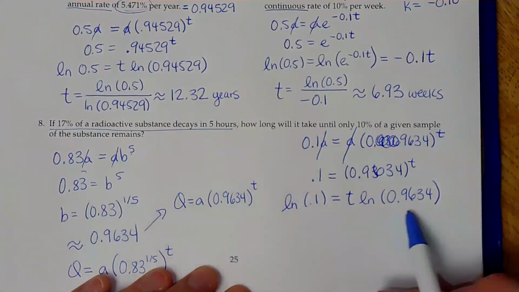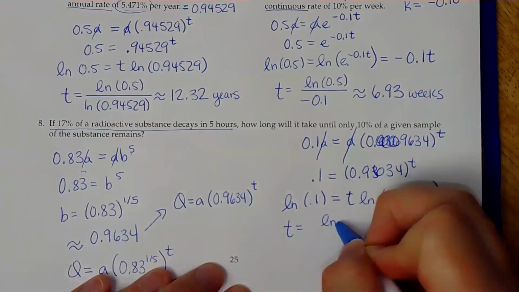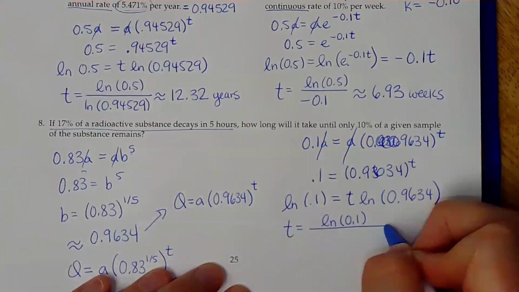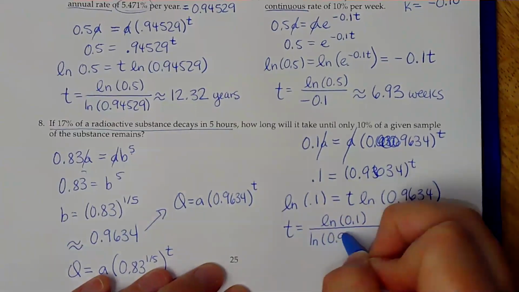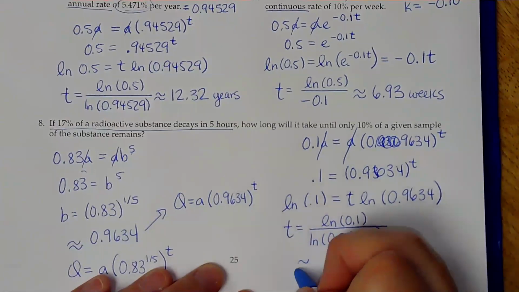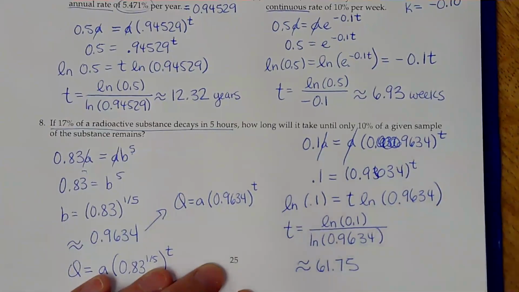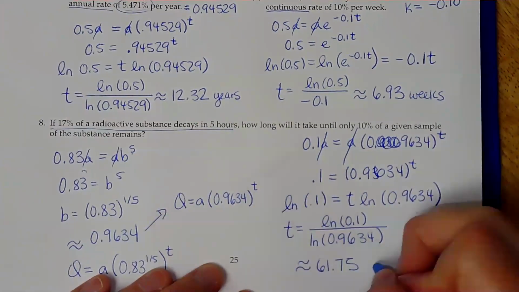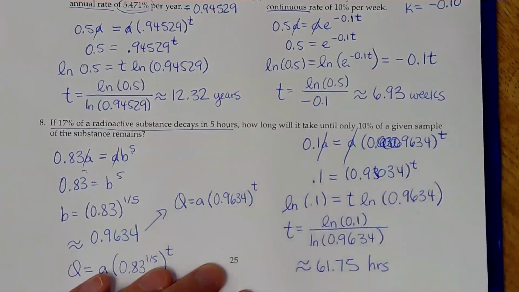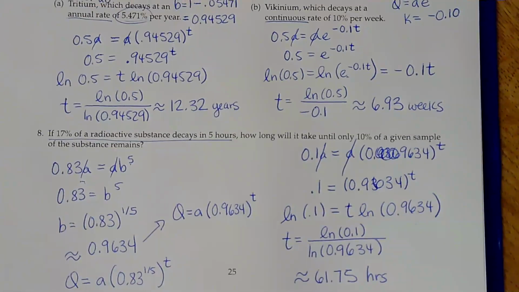And then to solve for T, I'll just divide this ln of 0.9634 to the other side. So T is ln of 0.1 divided by ln of 0.9634. And that comes out to be approximately 61.75. And then let's see what our units are. So here we're measuring everything in hours, so this should be in hours. So 61 hours is probably about 3 days or so.